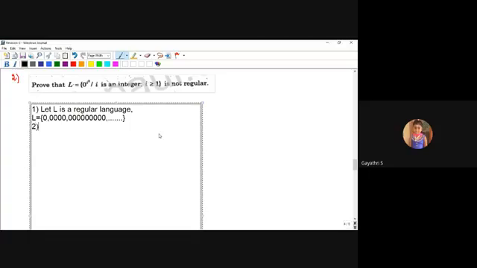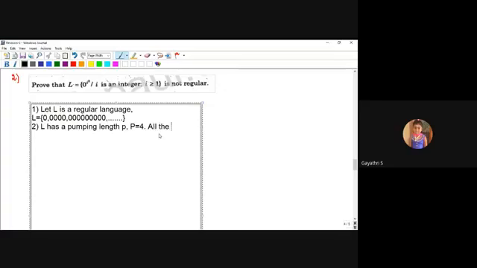The second step, L has a pumping length. As usual, I will choose the pumping length P equal to 4. L has a pumping length P, where P equal to 4. So all the strings in L having length greater than or equal to P can be pumped. This is our assumption.